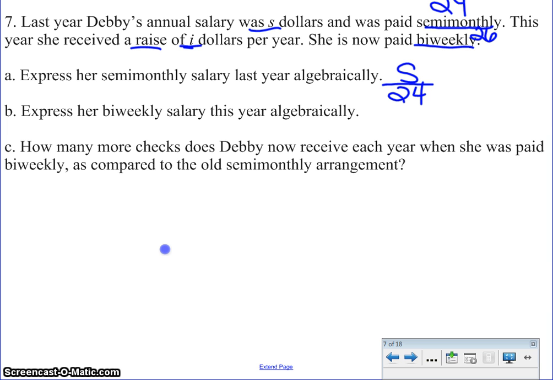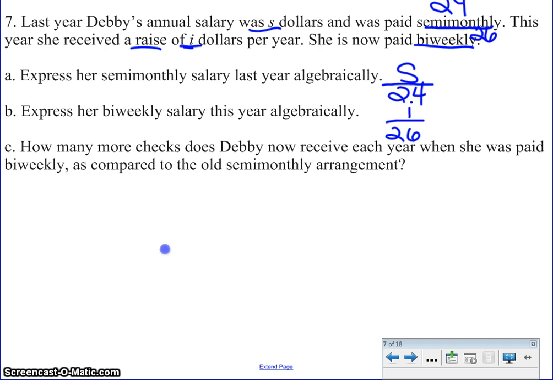The second question, B, says express her biweekly salary this year. So now she's getting 26 paychecks, so we know the bottom is going to be 26. Now the error I see most students make on this one is they just put I over 26, which means that you're just getting paid whatever the raise is. You're no longer getting paid the entire salary.